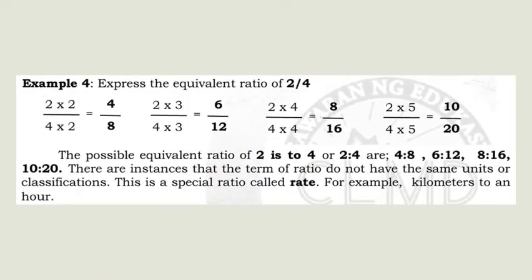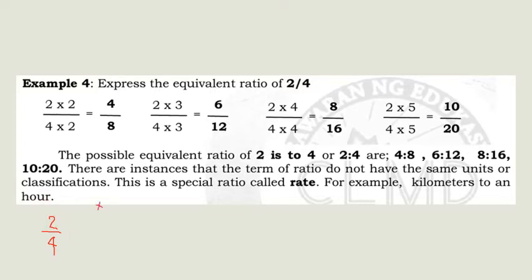Then, number 4, example number 4, let us express the equivalent ratio of 2:4. So, paano po kinukuha ang equivalent ratio? So, pwede natin siya gawin into fraction form. So, 2:4. So, paano lang siya gagawin? So, pwede nyo i-multiply lang to sa lahat ng numbers.